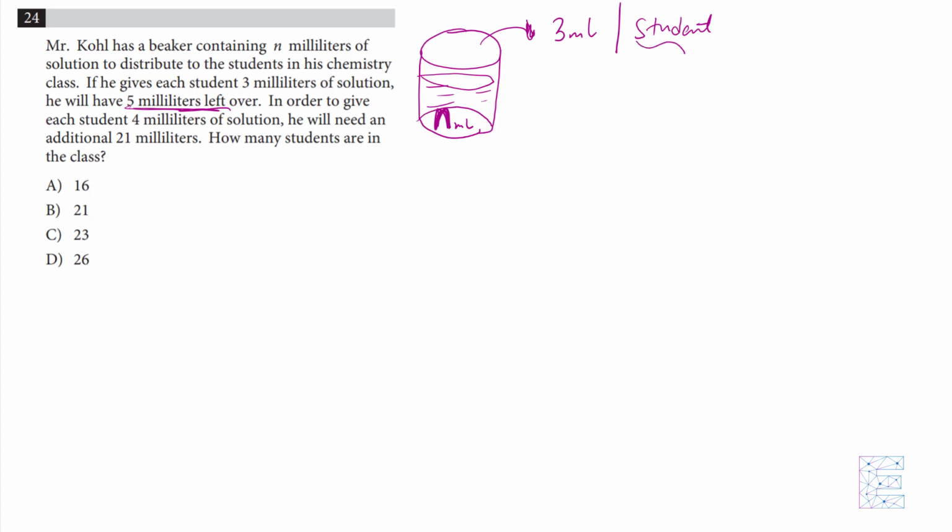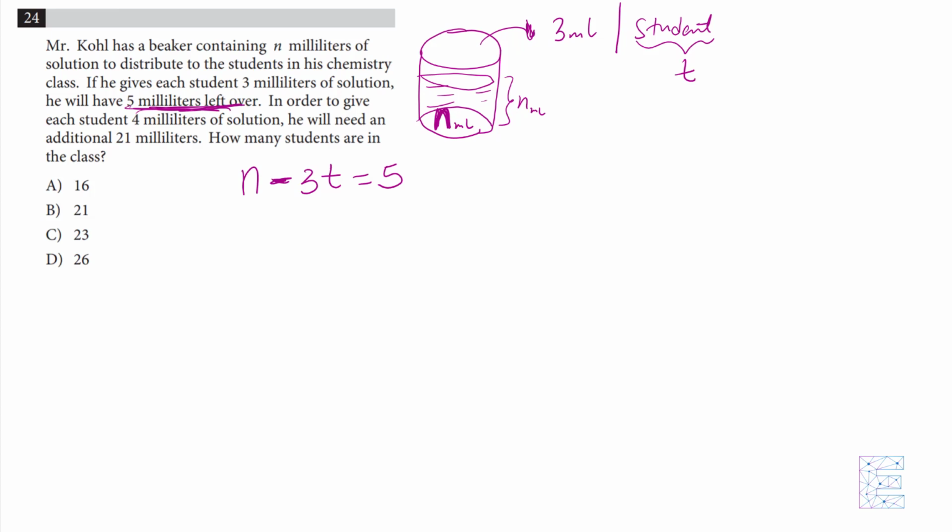Let's use t for student. If we take the total milliliters in this container, n milliliters, that's the total amount that we have, and you subtract 3 milliliters per student, we are going to have a remainder of 5, because it says we have 5 milliliters left over. That's our first equation. So this is sounding more and more like it's going to be a system of equations.